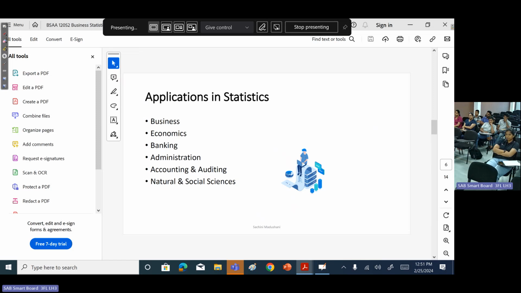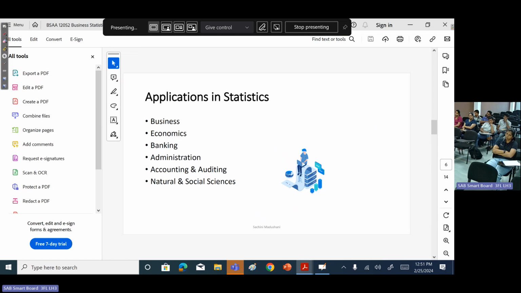Think of a small businessman who wants to get the value for the average annual sales. How do they get that? Using statistical techniques. Using the statistical tool or technique, he or she can get the average annual sales. Understood?